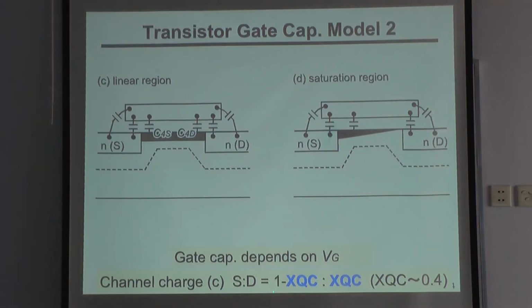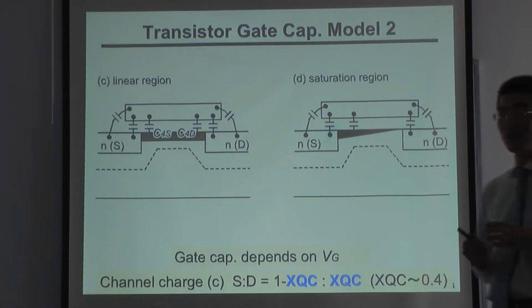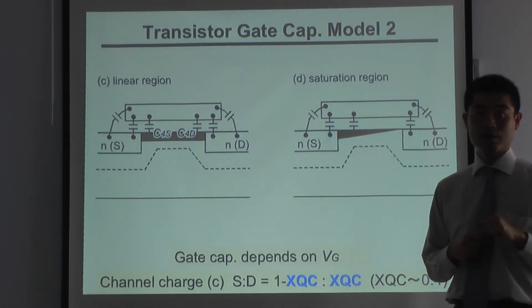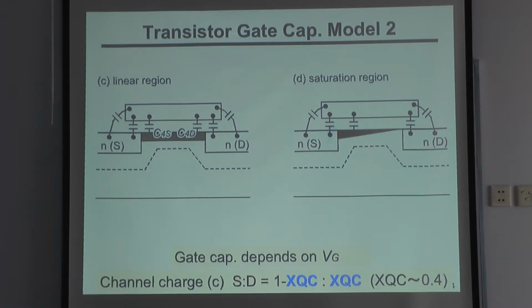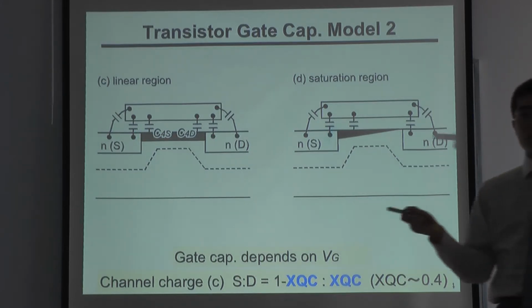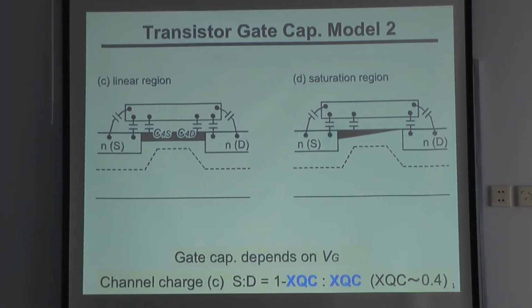Gate capacitance depends on the gate voltage, and we also have to consider the channel charge here. This channel charge sometimes comes from the source or sometimes from the drain. It does not come from the body, because it takes a very long time for this charge to come from the body area.